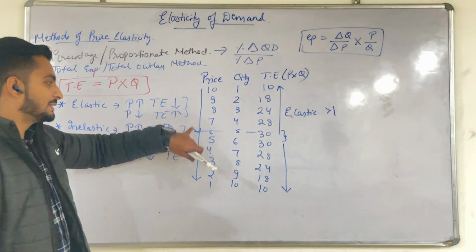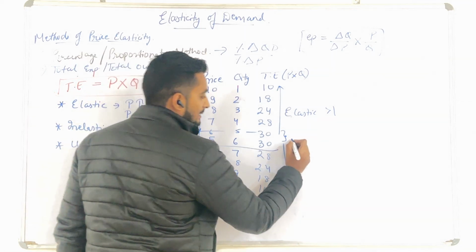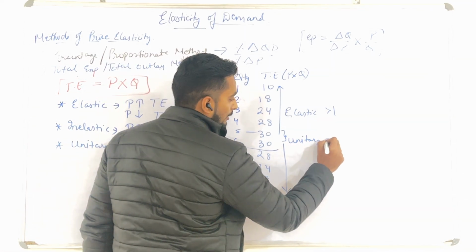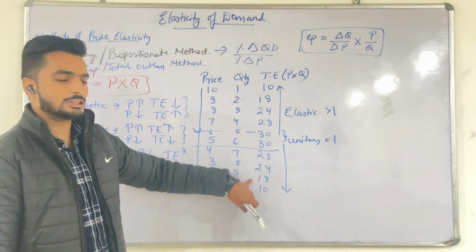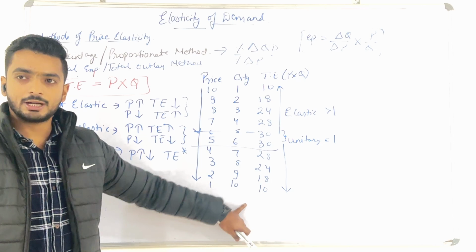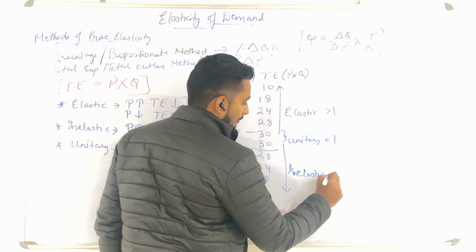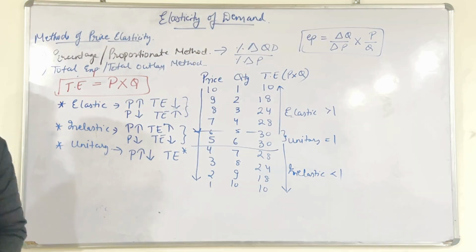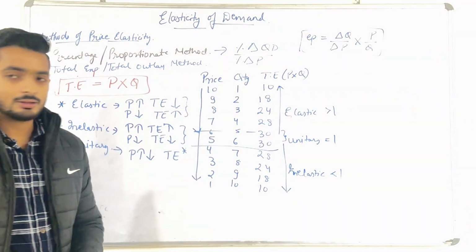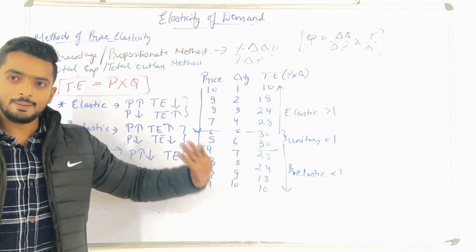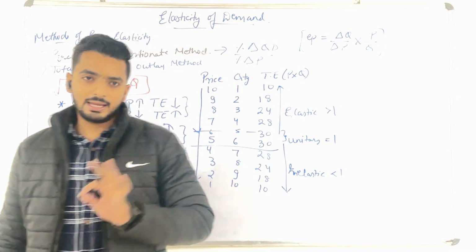When price falls from 6 to 5, total expenditure remains the same at 30-30, that is known as unitary, equal to 1. And when price falls from 4, 3 to 1, total expenditure also falls from 28, 24, 18, that is known as inelastic, which shows direct relationship, that means less than 1. When there is inverse relation between price and total expenditure, that is elastic. No relation, that is constant, that is unitary, and both decrease, direct relationship, that is known as inelastic.